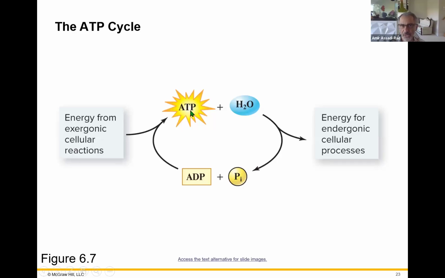Right here, when ATP becomes ADP, other cellular processes are endergonic reactions. But the conversion of ADP plus phosphate back to ATP takes energy from exergonic cellular reactions from other cells.